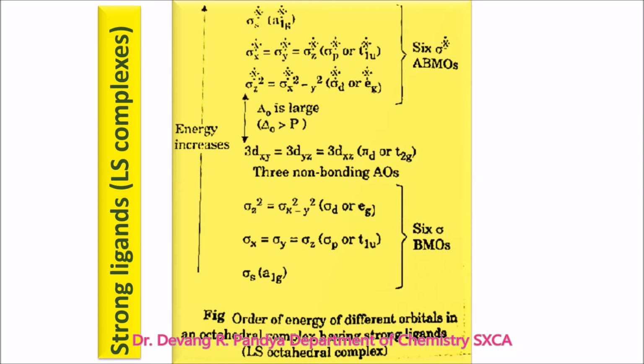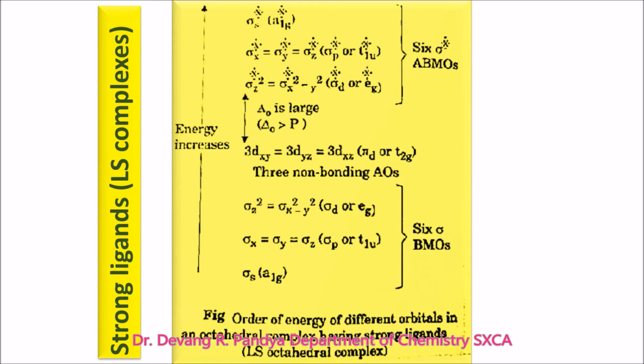So the electron which is donated from LGO should enter into this BMO. That we're going to discuss later on, how to fill up electrons in these orbitals. But above this, we have 3 non-bonding atomic orbitals, that is 3d xy, 3d yz and 3d zx, because they lie between the axes, that means in a planar side, and the approaching direction of the ligand would be on an axial side.